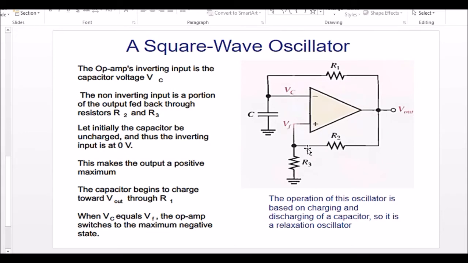You are taking the output and feeding it back with the help of a voltage divider circuit. So flipping between your positive and negative voltage will be produced with the help of this comparator circuit element, and the differentiator will be used to produce a constant voltage level.